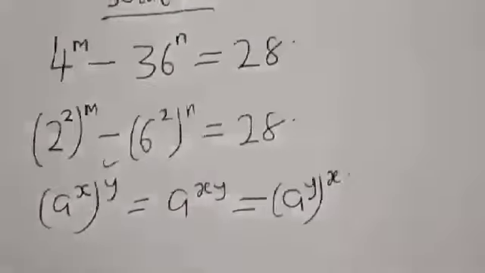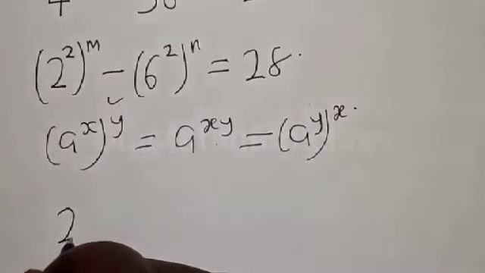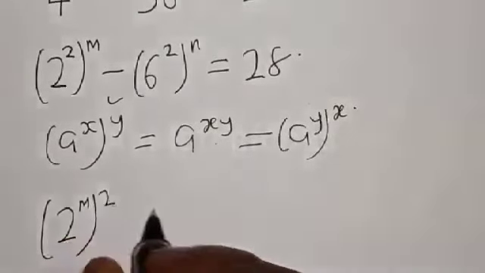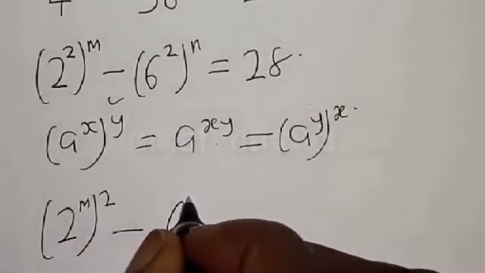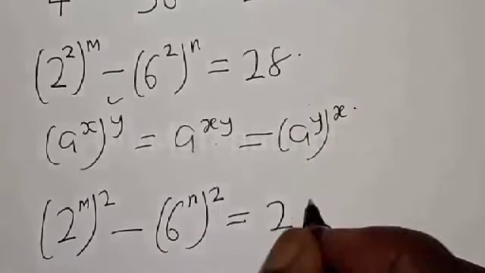Therefore, this equation becomes (2^m)^2 minus (6^n)^2 is equal to what?